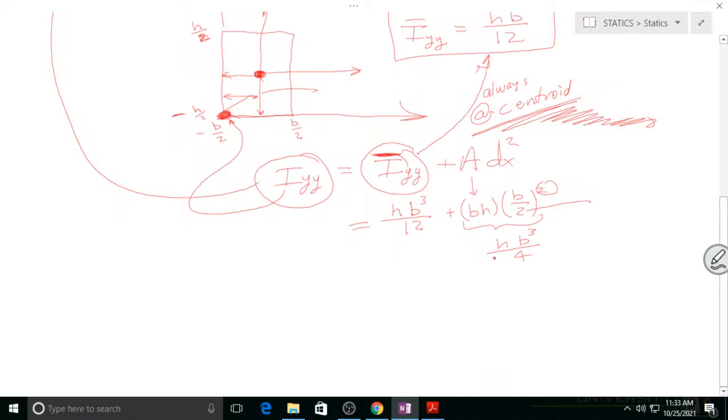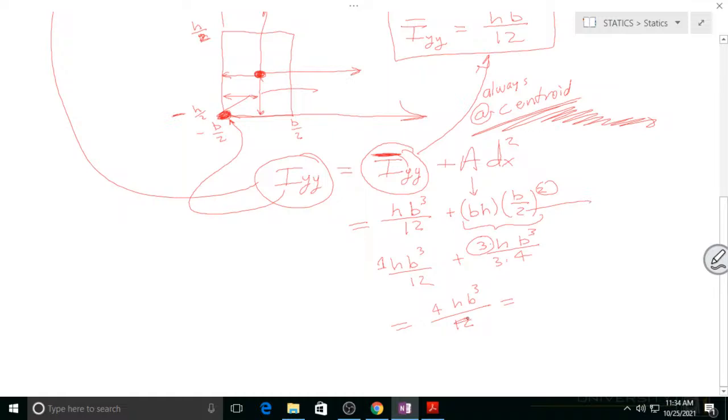Or I get a 3. 3 times top and bottom. And then I add this 3 to this 1 to give me 4/12 of h base to the 3.